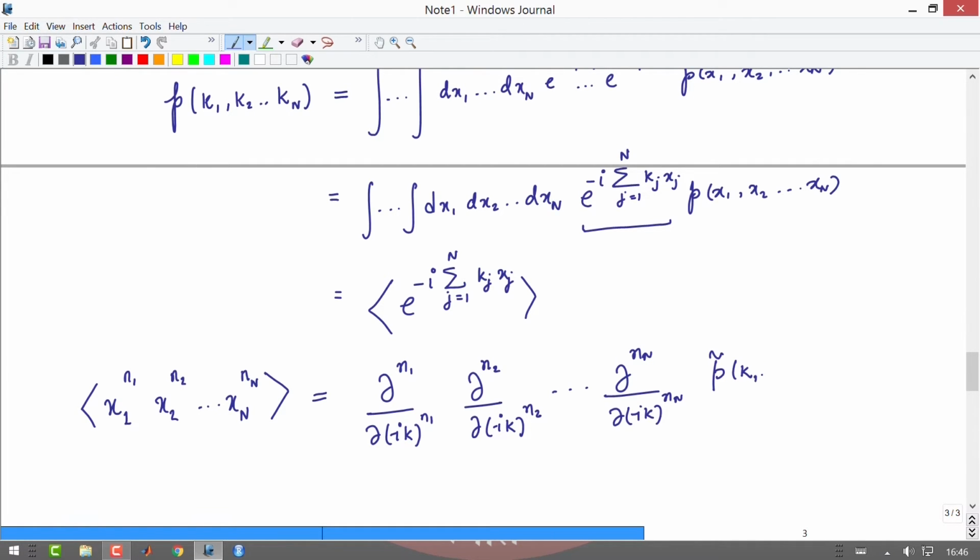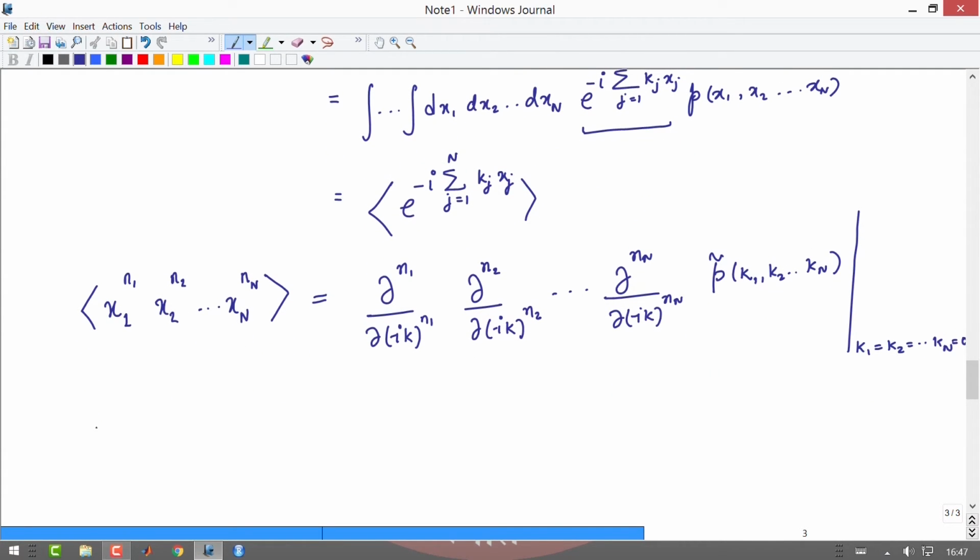Okay, and this entire derivative is taken at k1 equals k2 equals all the way up to kN equals 0.